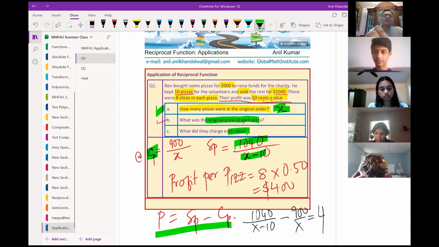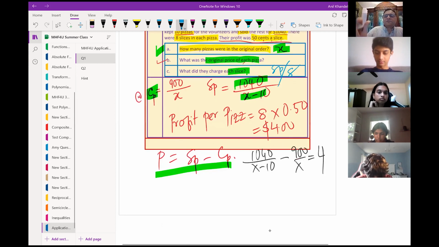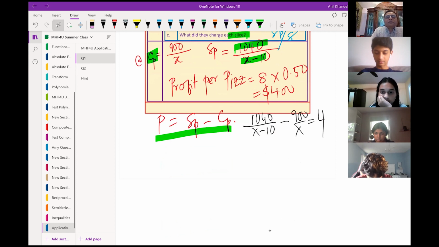Sir, can we try solving the profit equation just for visualization? Sure, we can. So just do it on your own. What we could do here is divide everything by 4, and we will multiply by x minus 10.